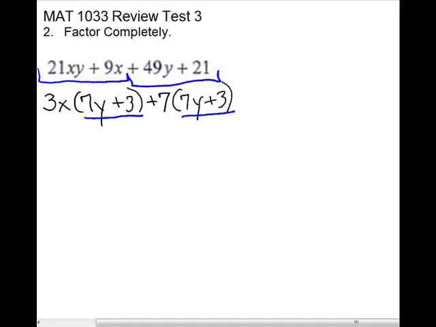That is now our GCF. So we can take out the 7y plus 3. And to get back just to the line above, we're missing 3x plus 7. Your order of these two parentheses does not really matter. If you have the 3x plus 7 first, that is okay.